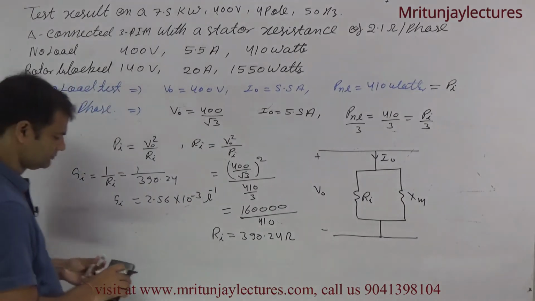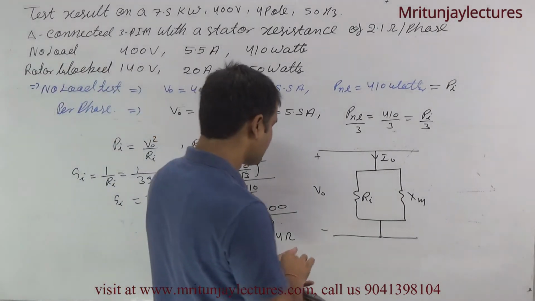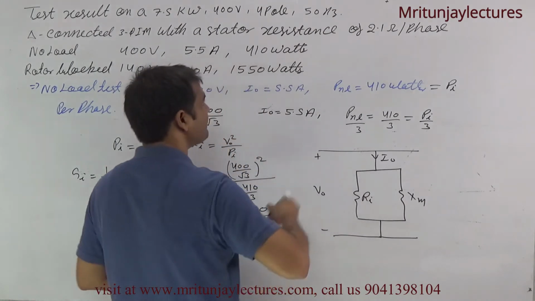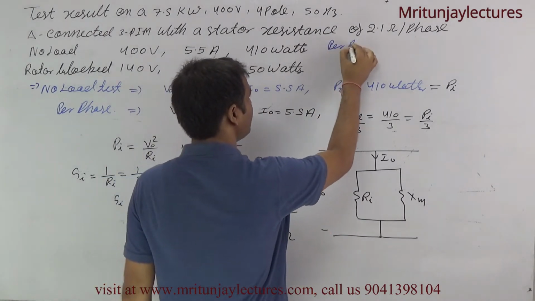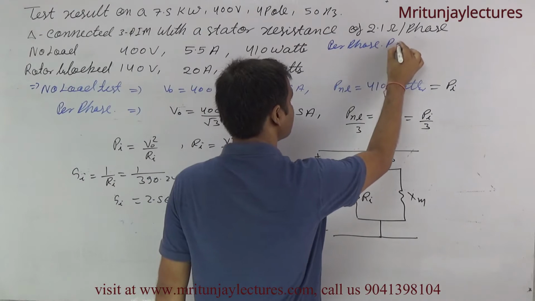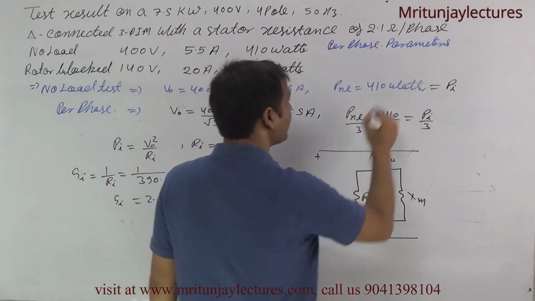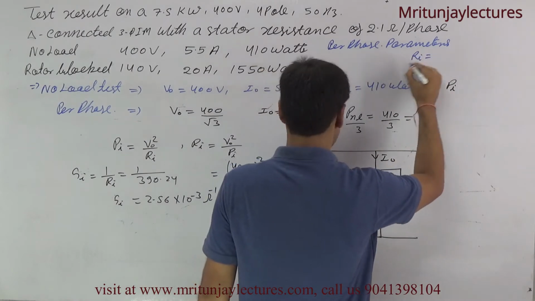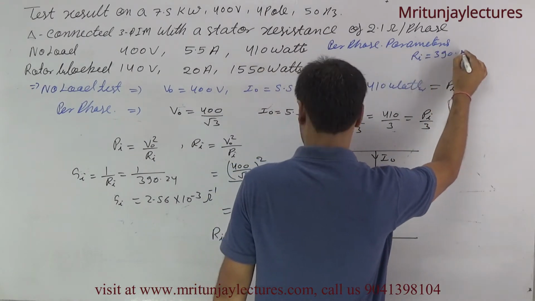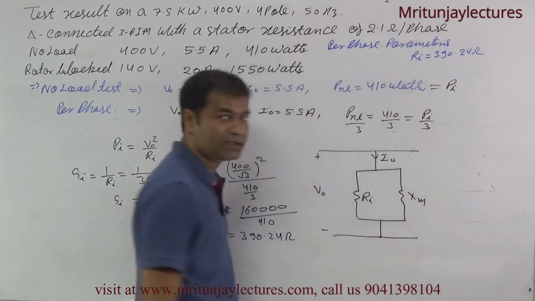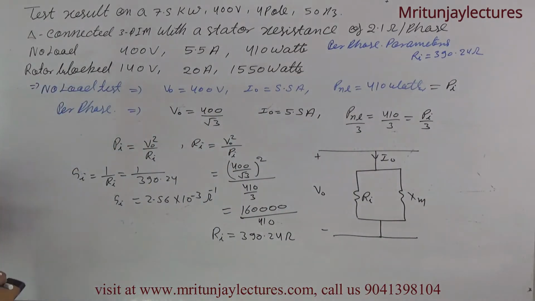So first of all, written here, per phase parameter: Ri is equal to 390.24 ohm. Clear? Now we focus on Xm.